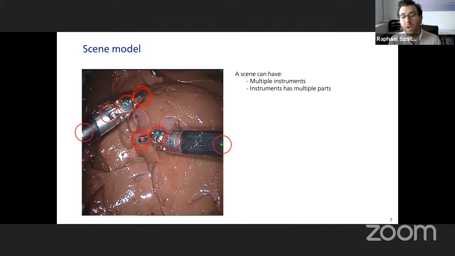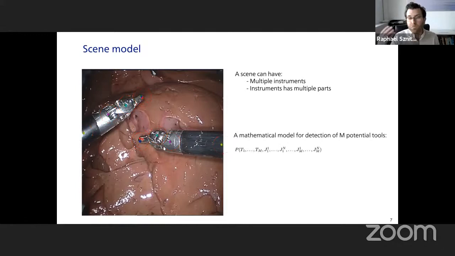In the first step, one of the things we thought some years ago was, let's try to have some kind of scene model to understand this entire scene when it comes down to the instrument. When I mean a scene model, I'm really just talking about the instruments themselves, not the much more complex geometry happening behind. You can take a probabilistic point of view, like what we saw earlier in Eric's talk before the break.